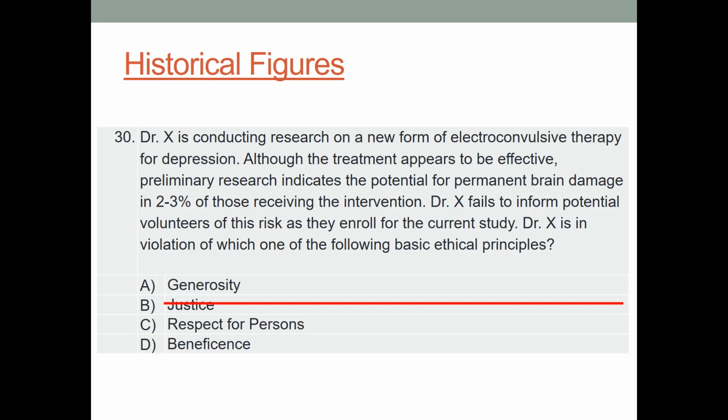So even though it's a small risk, it doesn't look like we're actively taking steps to hurt people or not trying to prevent them from being hurt. Beneficence doesn't seem like that great of a fit. Here, it's really that respect for persons. Providing people with enough information so that they can make the determination whether or not they do or don't want to participate in the study.